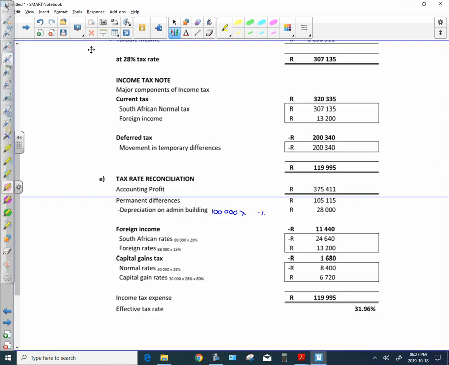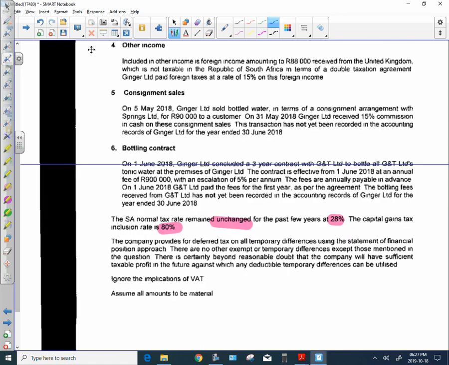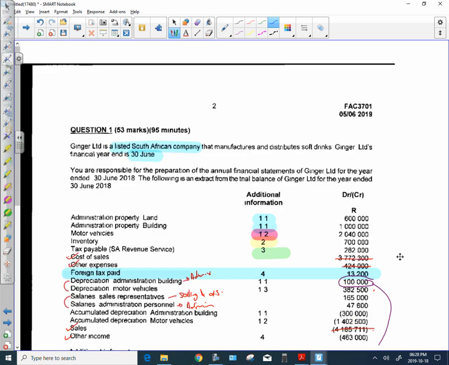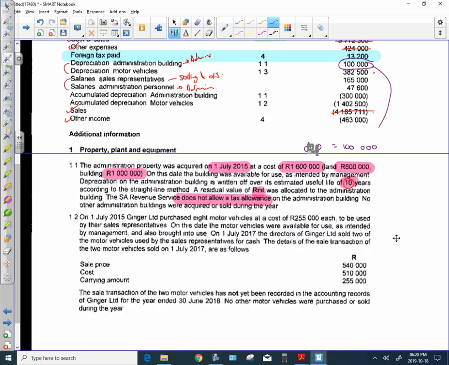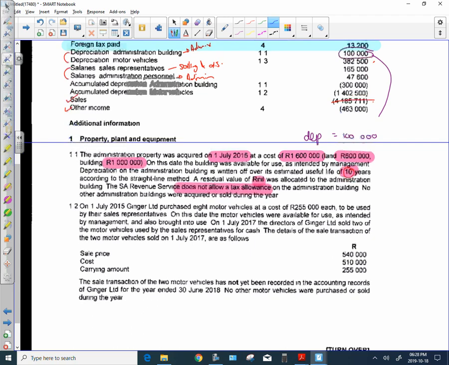So I can say that's 100,000 times 28%. Everybody happy there? Great. Right, so that is in terms of the admin building and the land. We can scratch that as having dealt with that.